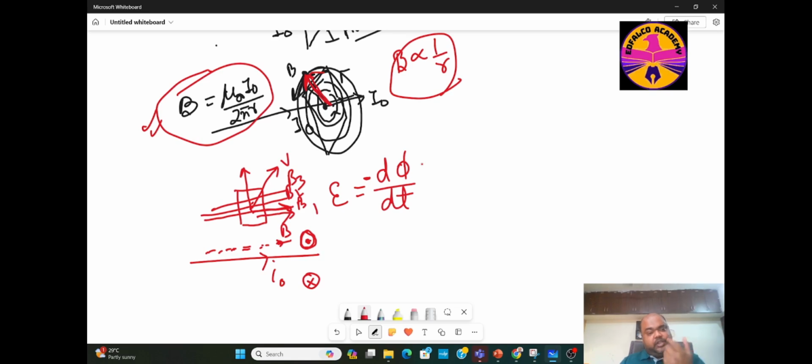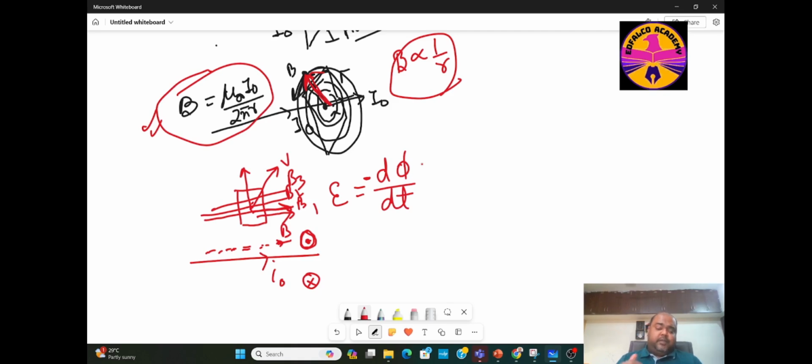If the flux is changing with time, then there will be an EMF produced, and that minus sign is basically coming from Lenz's law, telling us that the EMF will be produced in such a manner that it will lead to a current in such a direction that the induced current, coming because of this change in magnetic field, will try to negate the change that is happening.